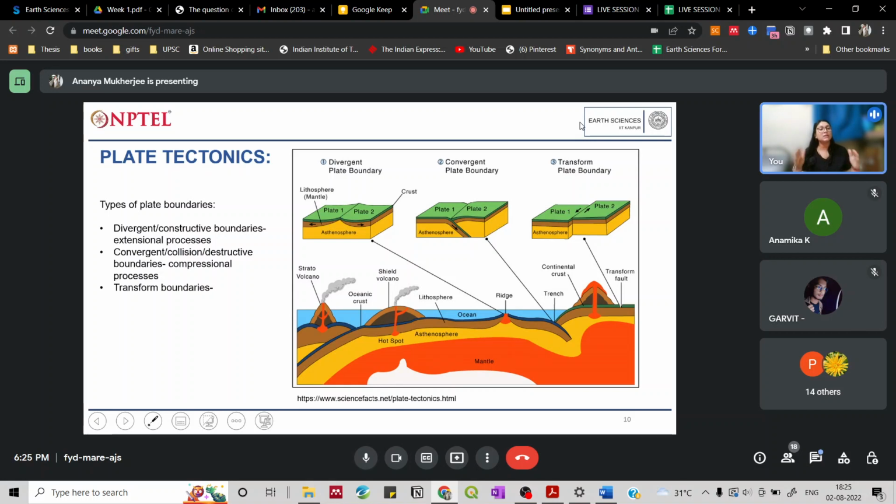When continental and continental crust come together, we have collision zones, and they form mountains. One of the very well-known examples is obviously the Himalayas. They were formed due to the collision between the Eurasian plate and the Indian plate.